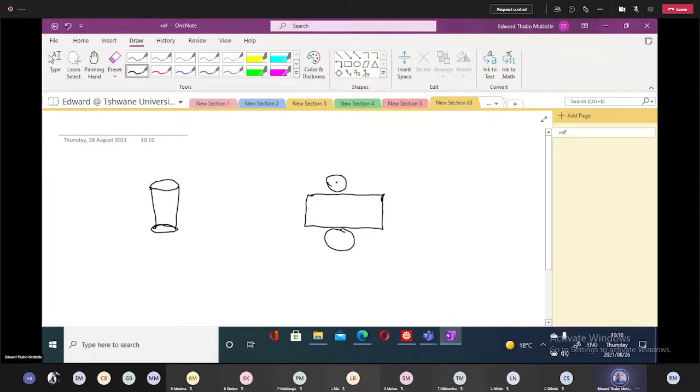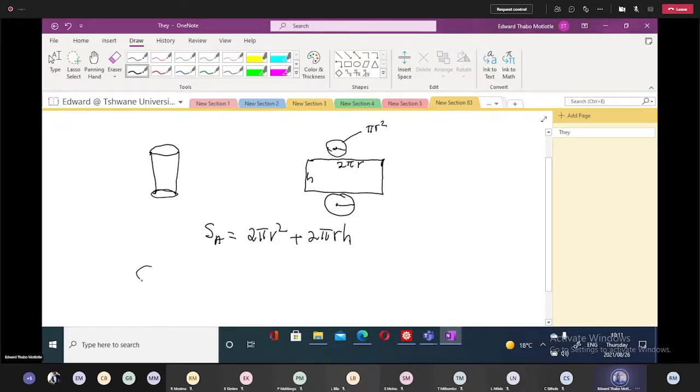The first one here has a radius r, and the area is given by pi r squared. Here we have 2 pi r, and this is our height h. Also here we have r. The surface area is equal to 2 pi r squared plus 2 pi r h.